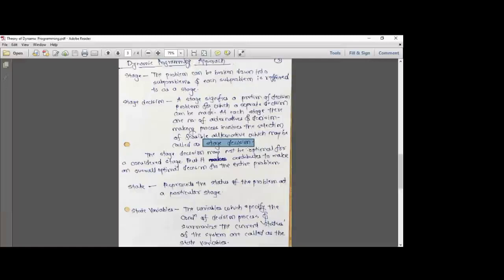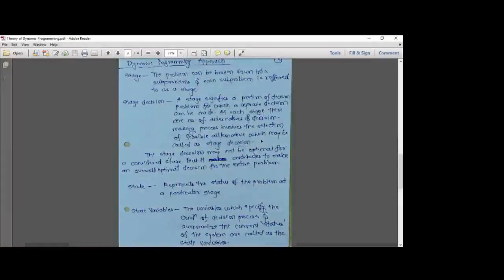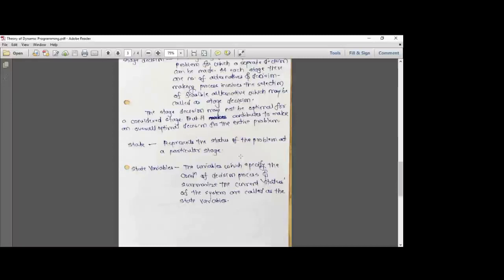We have taken some decision at that particular stage, and hence it is called the stage decision. The stage decision may not be optimal for the considered stage, but it contributes to an overall optimal decision for the entire problem.